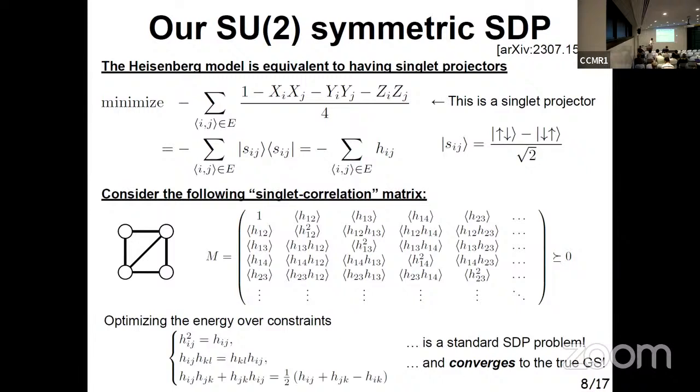So the constraint now looks like this thing has to equal this thing, because this is just the square of that. We also have commuting terms when the subscripts don't have any overlaps. And we finally have this non-trivial relation between singlet projectors when they do have an overlap. This also ends up being a linear relation between entries in this moment matrix.